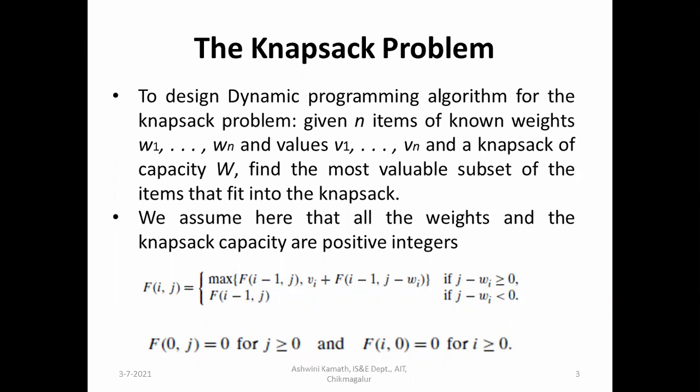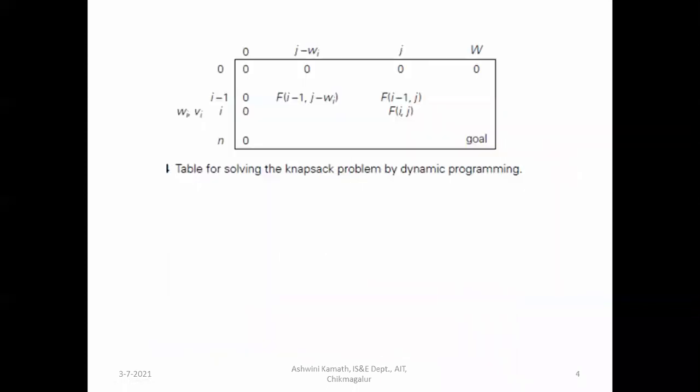First row and first column values will be 0, because we need some previous values also, right? f of i minus 1 we have here, so we need the previous value also. If we don't use 0, it will take some junk values from the memory of the computer, right? So we have to take the first row and first column as zeros.